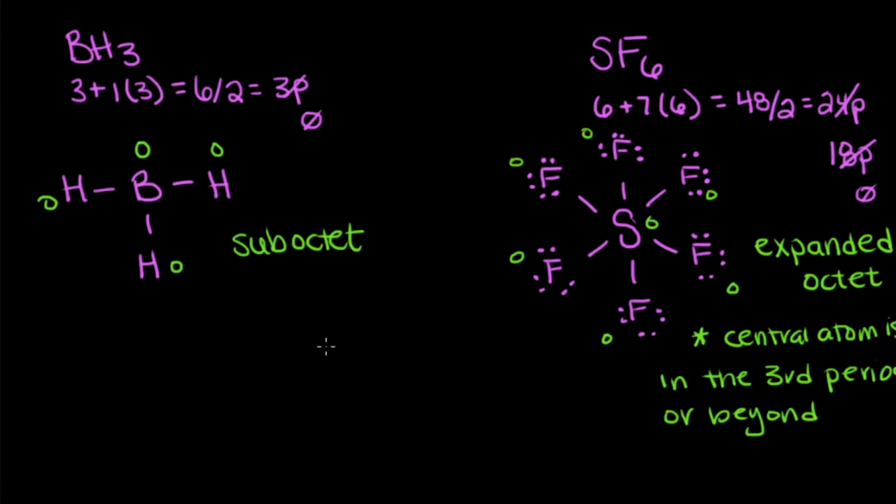Like, why is hydrogen satisfied with just 2 valence electrons? Hydrogen is satisfied with a duet because hydrogen's in the first period, and the first period is full with 2 valence electrons. And then most atoms are satisfied with 8 valence electrons, so everything outside of that first period, which only has hydrogen and helium.